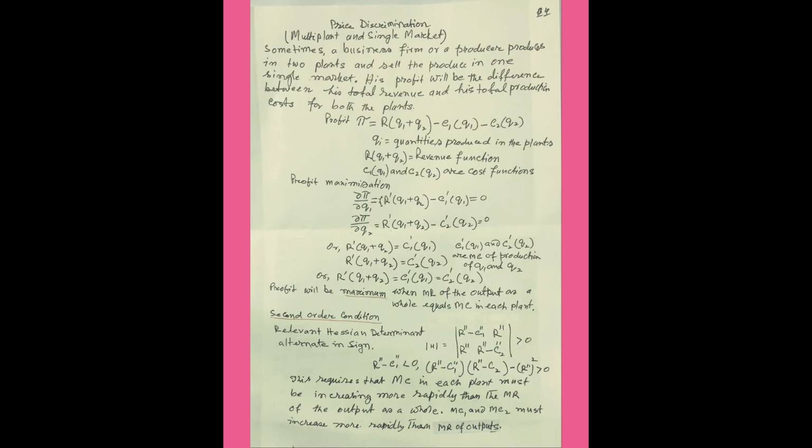Now the second order condition is that the relevant Hessian determinant alternates in sign.